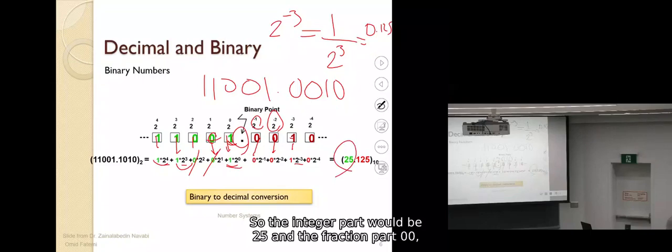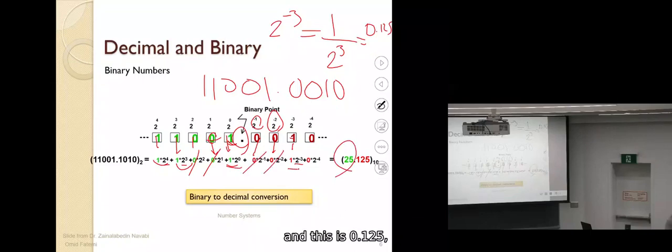And the fraction part 0, 0, and this is 0.125. So it is 25.125. This is the equivalent decimal of that binary number.